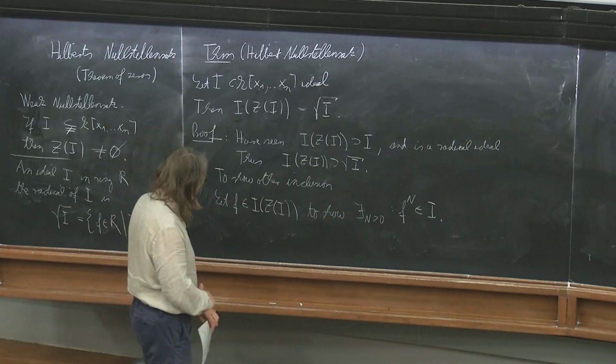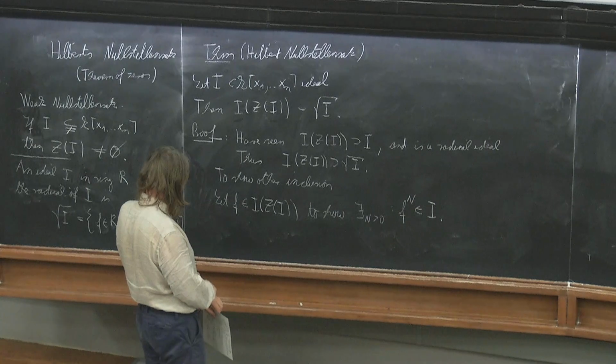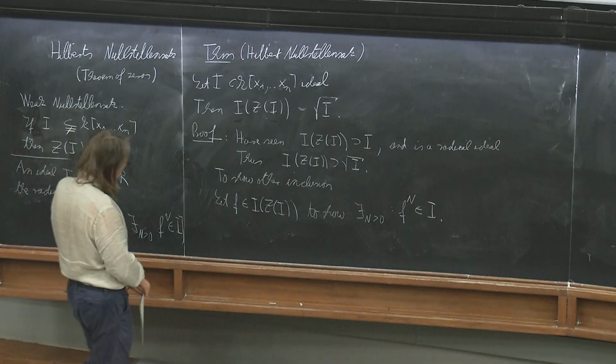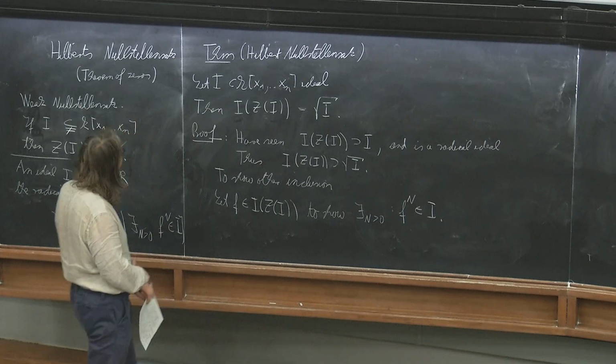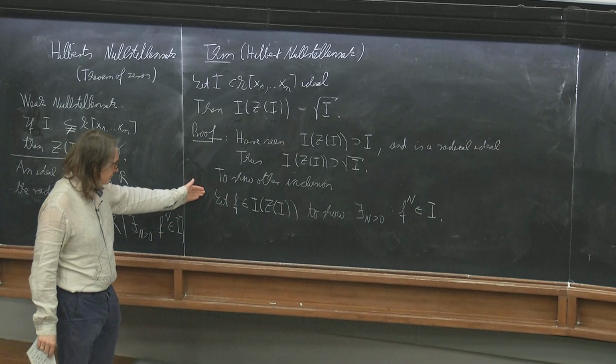So in order to prove it, one needs a trick. The trick is to reduce it to the weak Nullstellensatz in one variable more. So to produce some kind of ideal in one more variable whose zero set is empty, and then somehow deduce this statement from that.